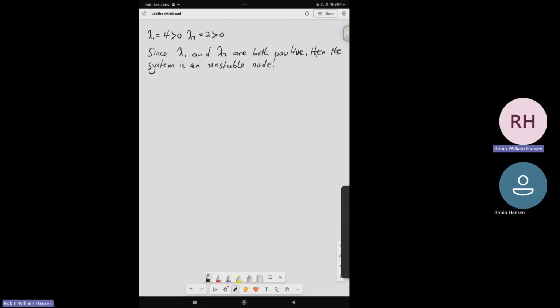Now, the system is an unstable node because lambda 1 and lambda 2 are positive. If lambda 1 and lambda 2 are both negative, we have a stable node. So that's the conclusion of the system that we had previously solved.